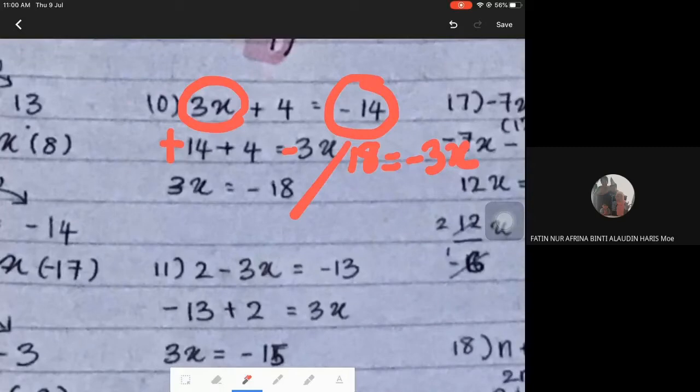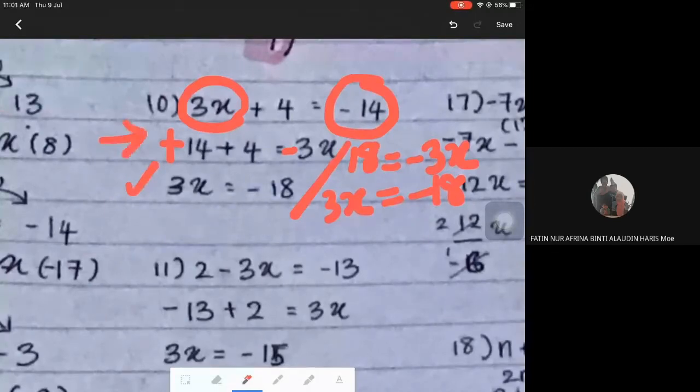And then you swap balik, bila you nak tukar pun jadi negatif bawa ke kiri, negatif 3x bawa ke kiri balik jadi 3x balik. 18 bawa ke kanan jadi negatif 18. So x equals to, yang ni betul. Yang atas tu agak mengelirukan ya.